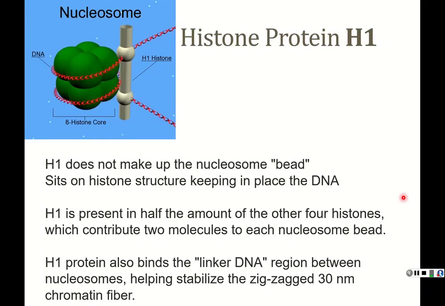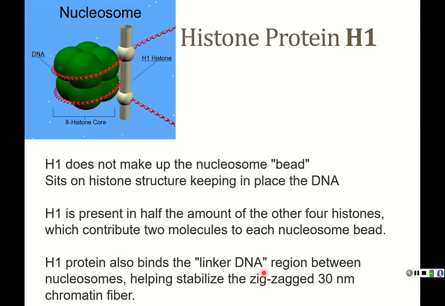Histone protein H1 is actually not part of this nucleosome bead, but it sits on that bead, and you can think of it as a way to lock in that coil around the nucleosome.